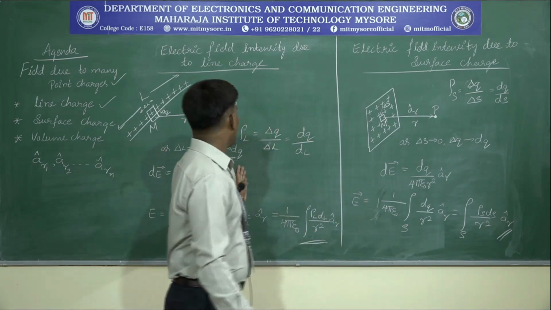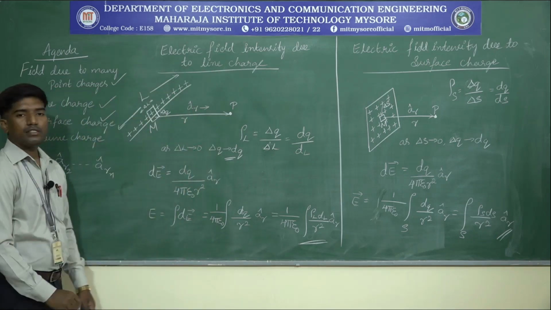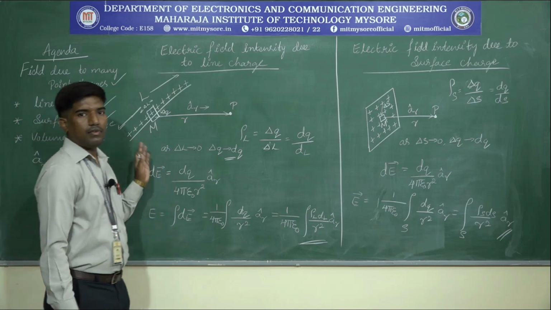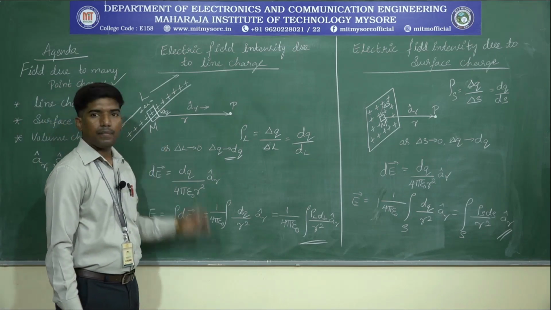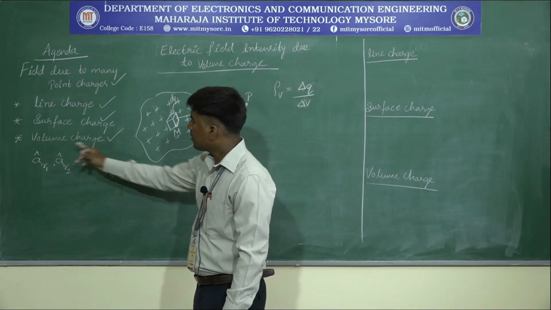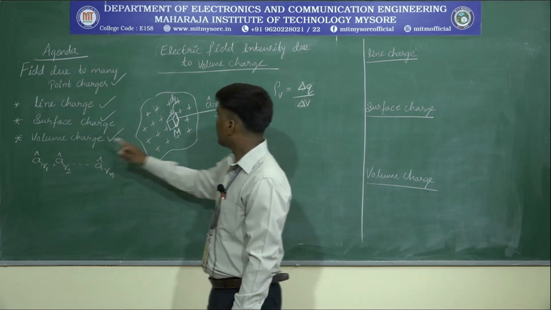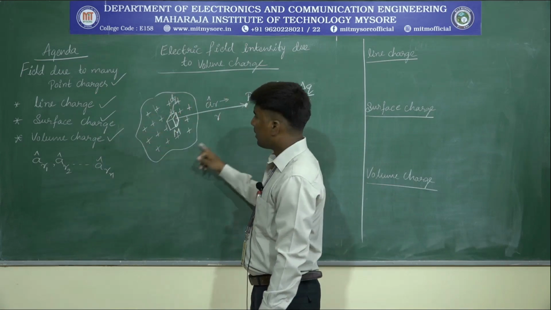Understood? These are the two mathematical models for line charge and surface charge intensity, field intensity. Got it? Okay. Continue to the last topic of this session, that is volume charge density, volume charge distribution, right? So consider the finite area.